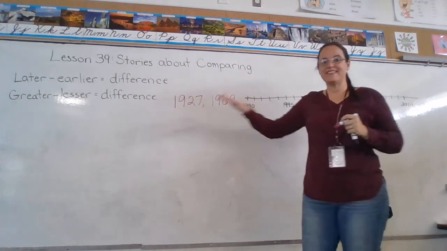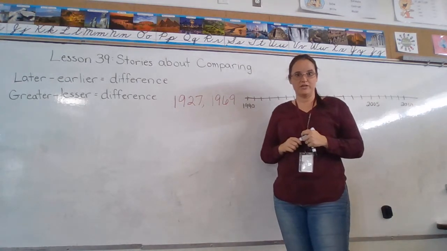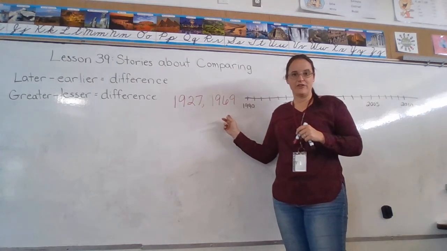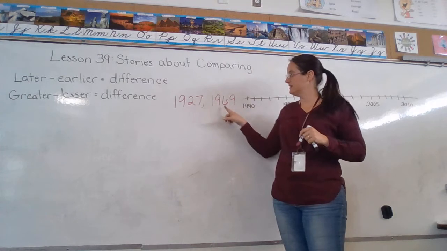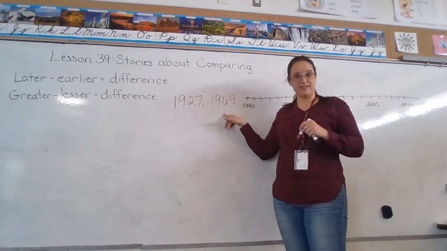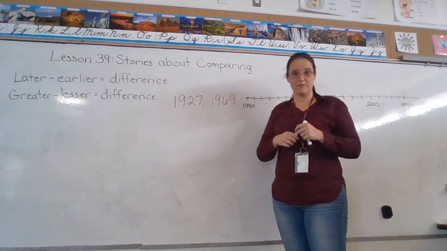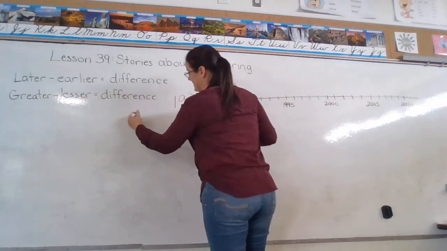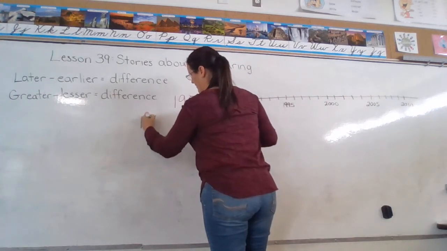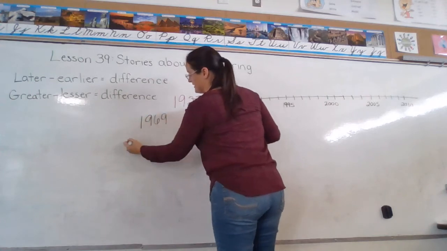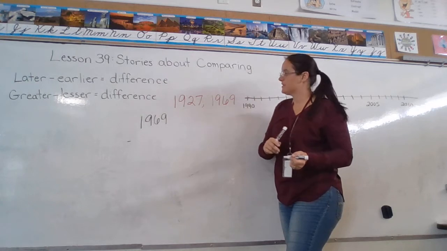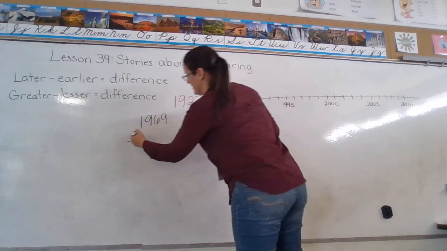We're trying to find the difference between these 2 years. So we need to start by figuring out what's the later year. Well, this one's bigger. And we know in subtraction we put the bigger number on top. So that's what we're going to start with, 1969. And then we want to subtract the earlier year, or the smaller number, which is 1927.